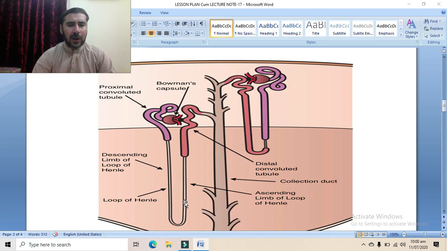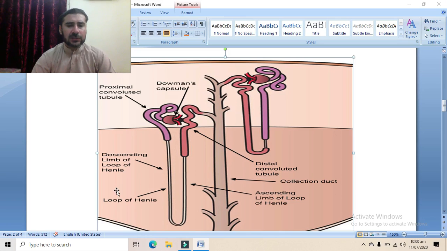Now it will form a U-shaped structure. This U-shaped structure is known as the loop of Henle. This loop of Henle consists of 2 limbs. This is the descending limb moving downward, and this is the ascending limb moving upward.